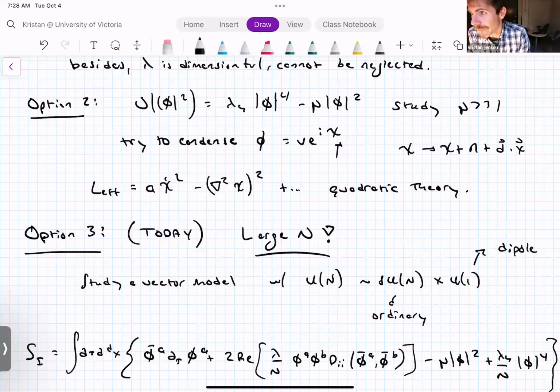What can happen is that, whenever you have a Goldstone, you should ask: is it compact? Is it non-compact? If it's compact, then in finite volume you can have configurations where the Goldstone winds in field space as you go around a physical circle.